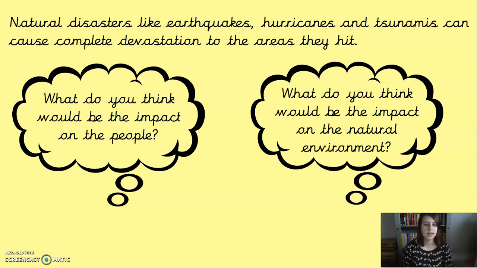And what do you think would be the impact on the natural environment? So if you were to be hit by an earthquake, how would that impact the people that live in the area that the earthquake occurred? And how would that affect the environment? I just want you to have a think about those two questions for earthquakes, hurricanes and tsunamis, because that's what we are going to have a look at today. So pause and just have a think about them.